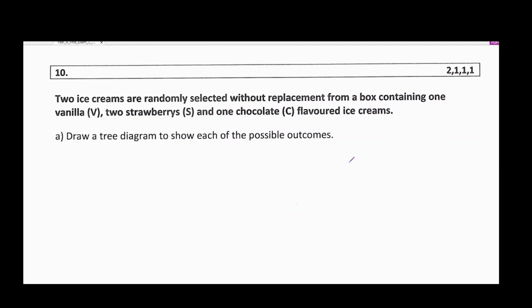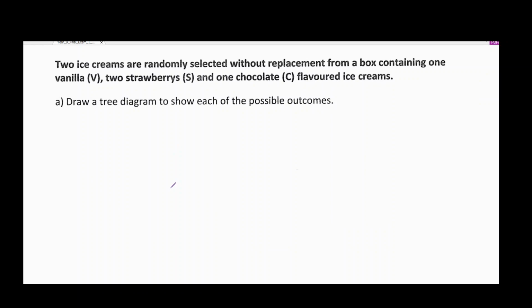2 ice creams are randomly selected without replacement from a box containing 1 vanilla, 2 strawberries, and 1 chocolate flavoured ice creams. Draw a tree diagram to show the possible outcomes. So we've got one vanilla, so we could have a vanilla, a strawberry, or a chocolate. That's your first run.